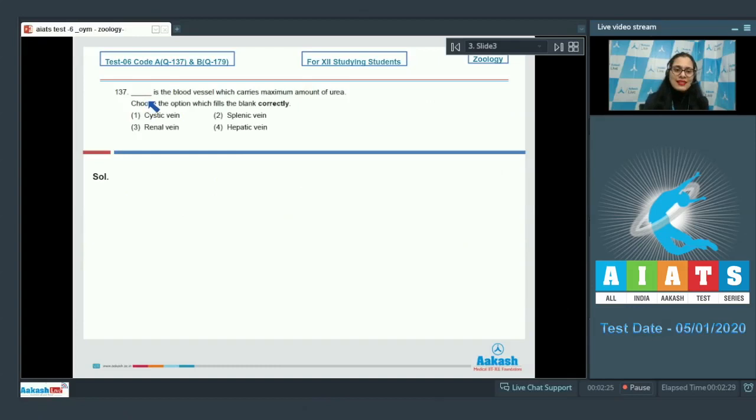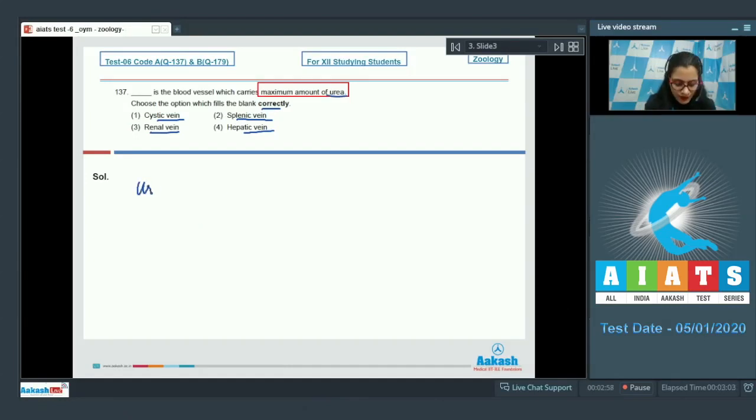Question number 137. Blank is the blood vessel which carries maximum amount of urea. Now choose the option which fills the blank correctly, and the options given are cystic vein, splenic vein, renal vein and hepatic vein.